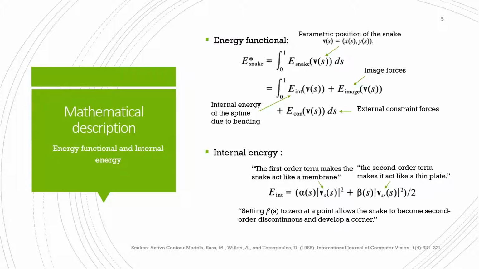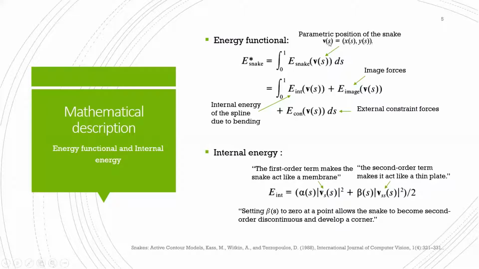It's also not necessary that it be two-dimensional, it can be three-dimensional. If we want to track a three-dimensional object, we can initialize a three-dimensional spline and then follow the same procedure for tracking it. So this is the snake energy.